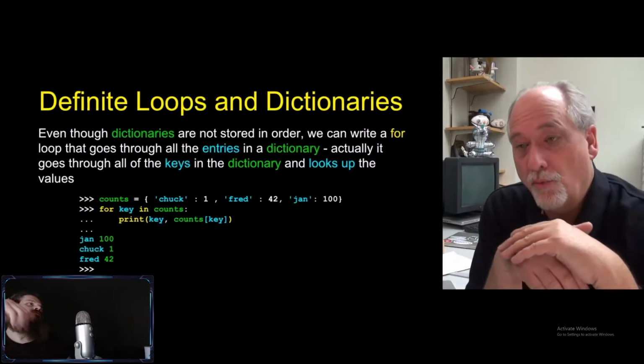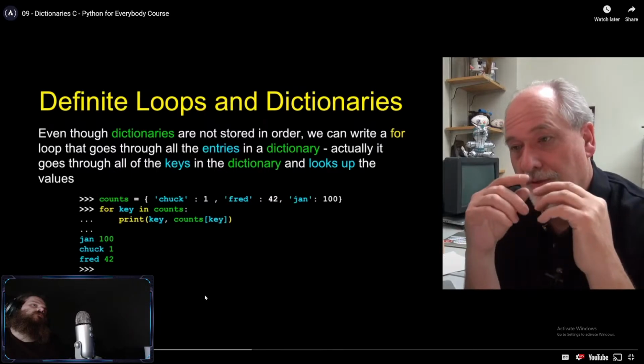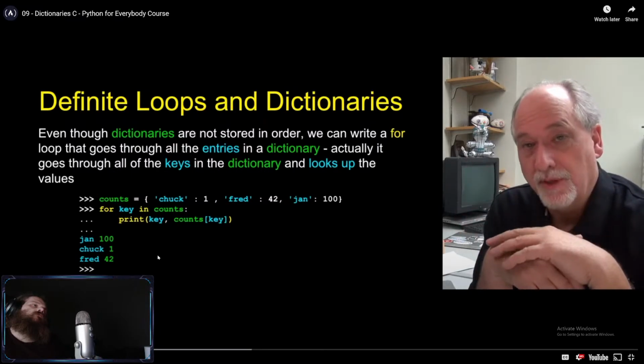So now we're going to look at ways that you can loop through dictionaries. We just produced a loop that can build definite loops in dictionaries. Even though dictionaries are not stored in order, we can write a for loop that goes through all the entries in a dictionary. Actually, it goes through all of the keys in the dictionary and looks up the values.